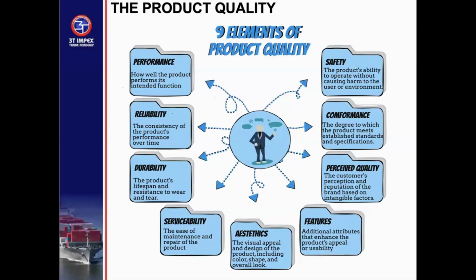Conformance to quality. You see these 2 points in the quality element are the most important. The degree to which the product meets the established standard and specification. Then safety. The product's ability to operate without causing harm to the user and the environment.